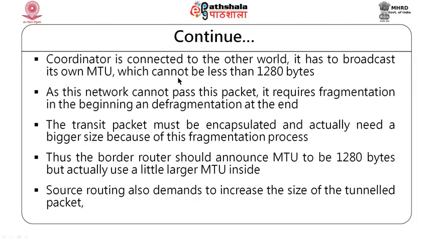The other thing, these are other problems, for example, when the coordinator is connected to the other world, it has to broadcast its own maximum transferable unit, which cannot be less than 1280 bytes, which is the minimum value for IP version 6. And if this network is used as a transit network, it cannot pass a packet. Suppose a packet is coming in, because it requires fragmentation. Now, you receive a 1280 byte packet, if you can send it through your nodes as it is, it is not a problem.